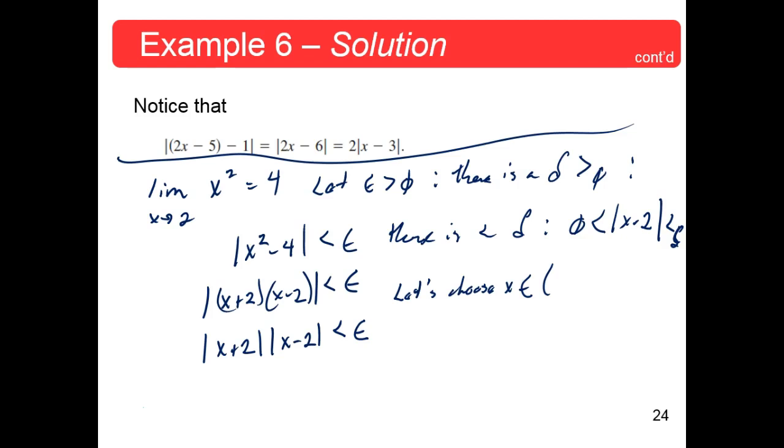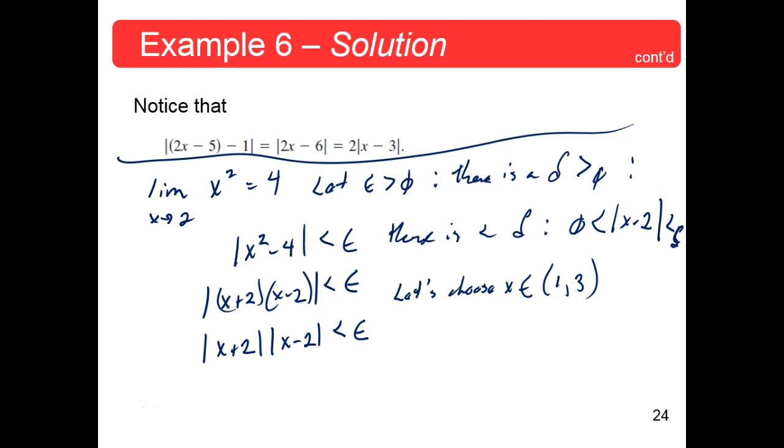Y'all awake yet? Okay, good. Remember we want this close to 2. You could have even said 0 to 4 if you wanted to, but 1 to 3 is even better. If you want it close to 2, 1 to 3 is certainly going to cover that well.